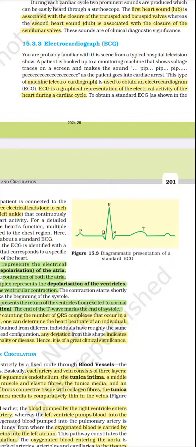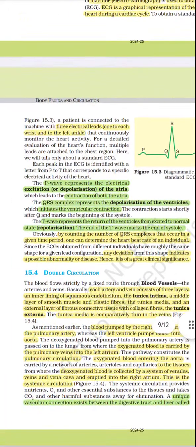Electrocardiograph, ECG mechanism. An electrocardiograph is used to obtain an electrocardiogram. ECG is a graphical representation of the electrical activity of the heart during the cardiac cycle.